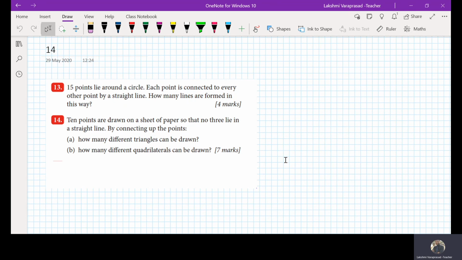Each point is connected to every other point by a straight line. How many different lines are formed in this way? So this is the question. I think by using this knowledge, you can do it.